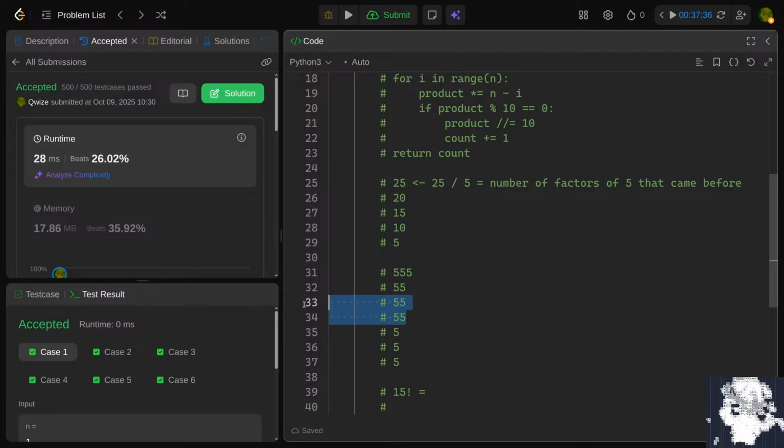Which would be these. So for 35 it would be 3, for 30 it would be 2, for 25 it would be 1. How do you figure that out immediately?